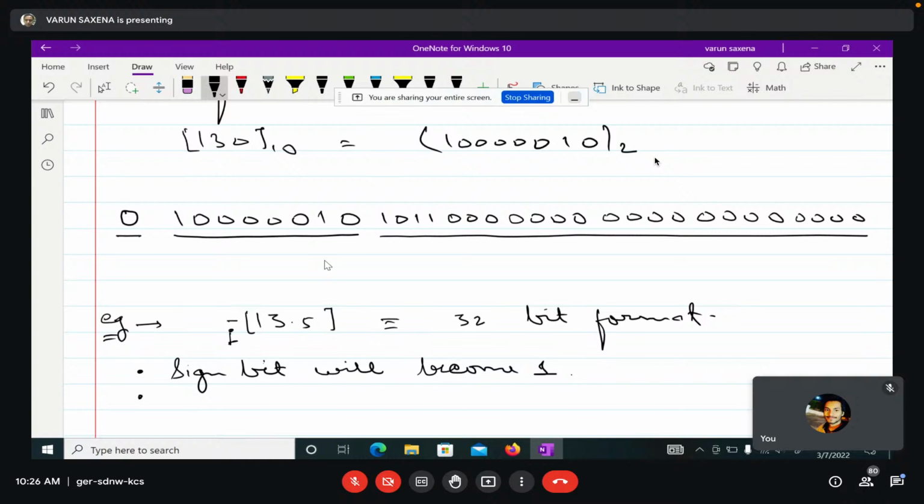The second difference is that the Mantissa will now be stored in its 2's complement format.